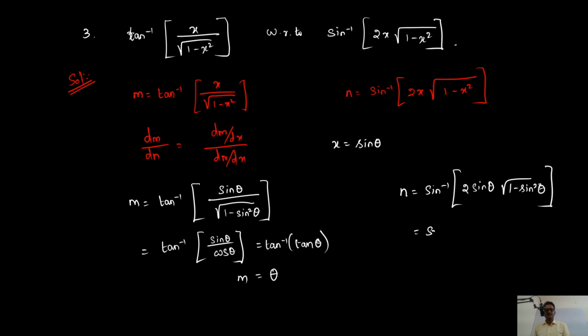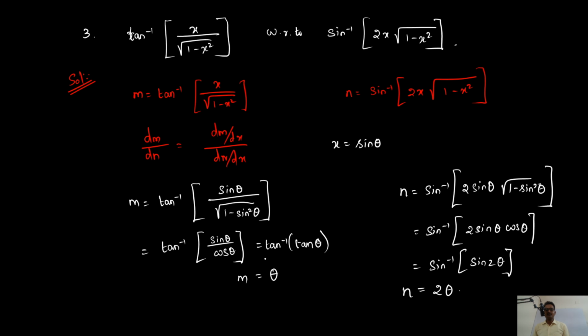Then you will get sine inverse of 2 sine theta cos theta, which is sine inverse of sine 2 theta. Here sine inverse of sine 2 theta is 2 theta, and tan inverse of tan theta is theta. So again we have made m in terms of theta and n in terms of theta.